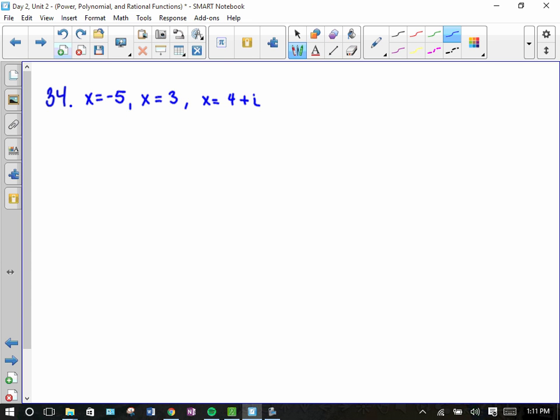So you have to remember, we mentioned this on Friday, complex or imaginary zeros come in pairs. So you have x equals 4 plus i, but you also have x equals 4 minus i.